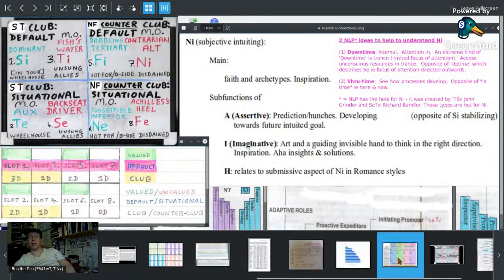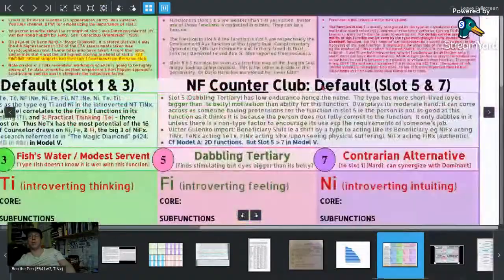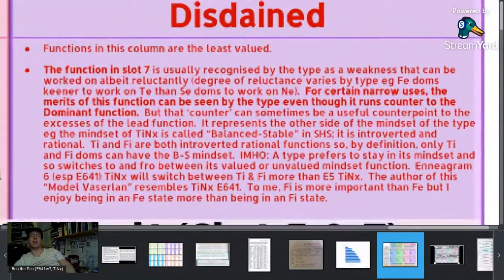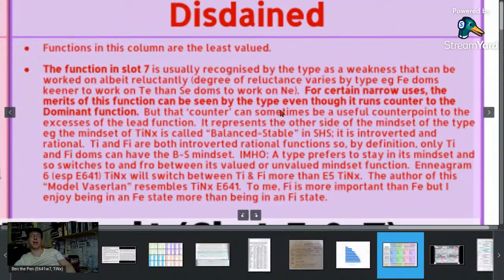If you read this, yes, something there about guarding against the excesses of the lead function. For certain narrow uses, the merits of this function can be seen by the type, even though it runs counter to the dominant function.